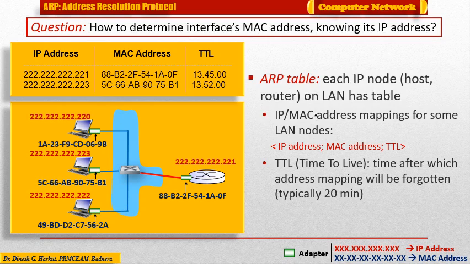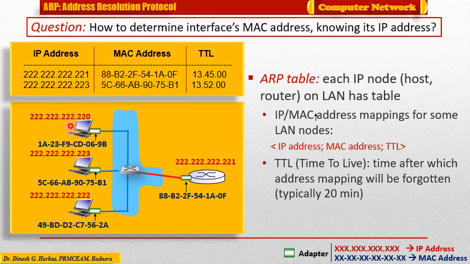To send a datagram, the source must give its adapter not only the IP datagram but also the MAC address for the destination 222.222.222.222. The sending adapter will then construct a link layer frame containing the destination's MAC address and send the frame into the LAN.